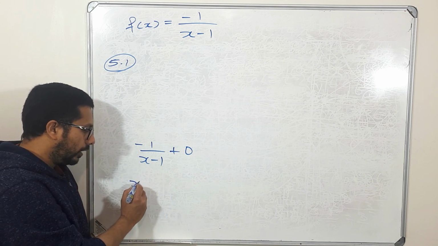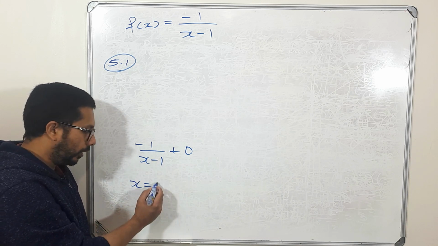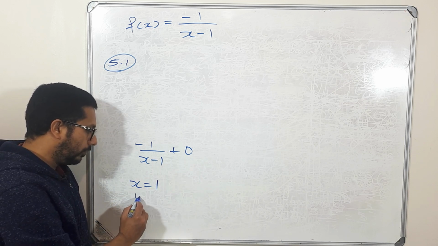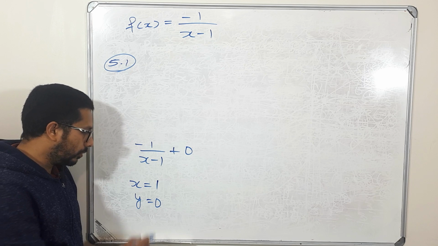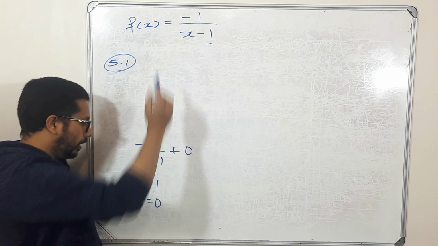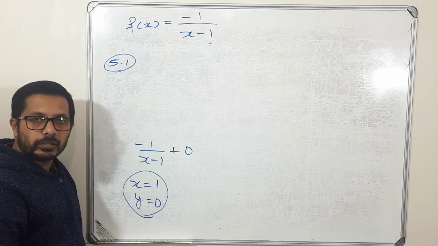Asymptotes means x is equal to the opposite of this sign, minus 1, so the asymptote is 1. And what is the second asymptote? y is equal to 0. So in this equation, the asymptotes are x is equal to 1 and y is equal to 0.